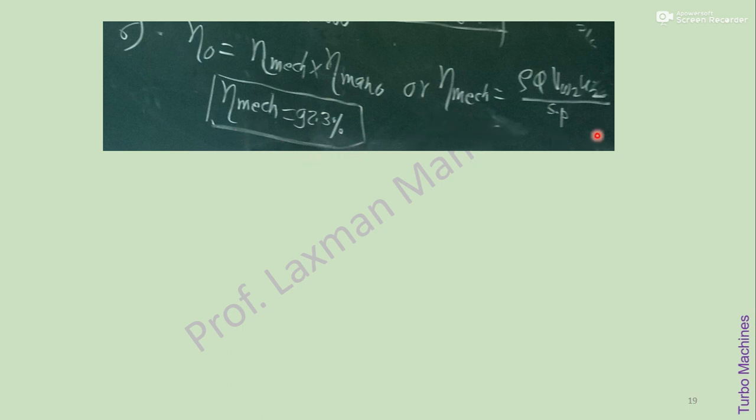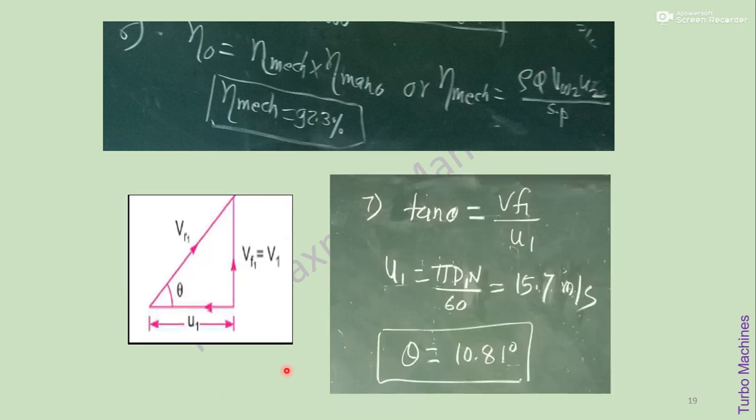You can also use this formula. Now to find theta, tan theta is equal to Vf1 upon U1. So for that U1 is needed, so U1 you calculate. After that we will find theta.